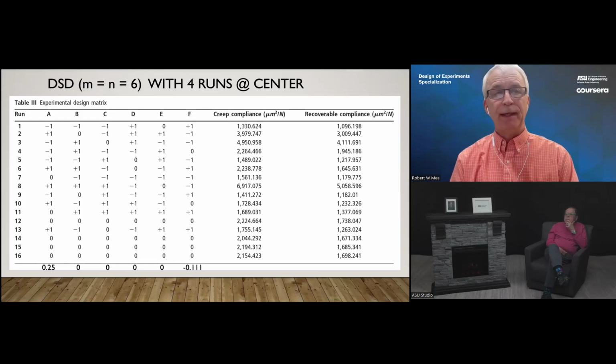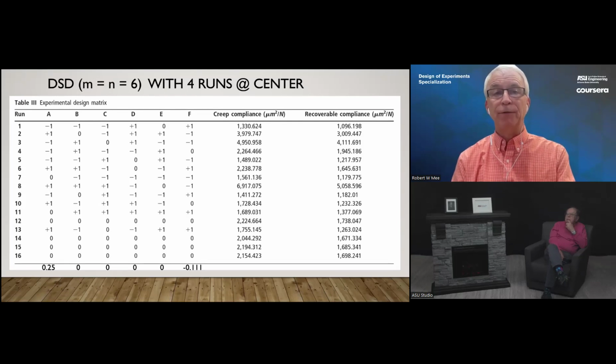And you see that the actual middle level for A will be coded 0.25, and the actual middle level for F will be coded minus 1/9, corresponding to the levels at which those factors were set.